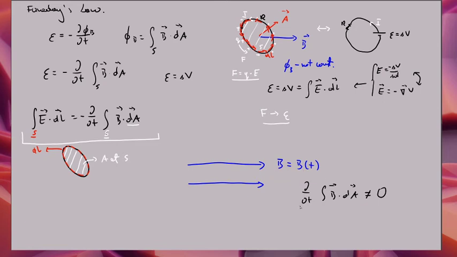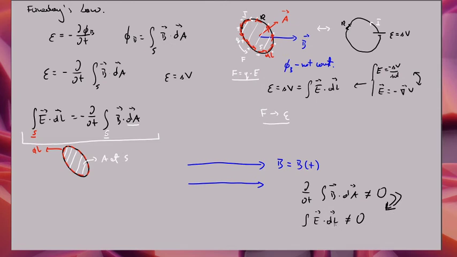And so this whole right-hand side is not 0. But if the right-hand side is not 0, then the left-hand side is not 0 either. And so E dot dl is not 0 either. It just follows directly from the top.